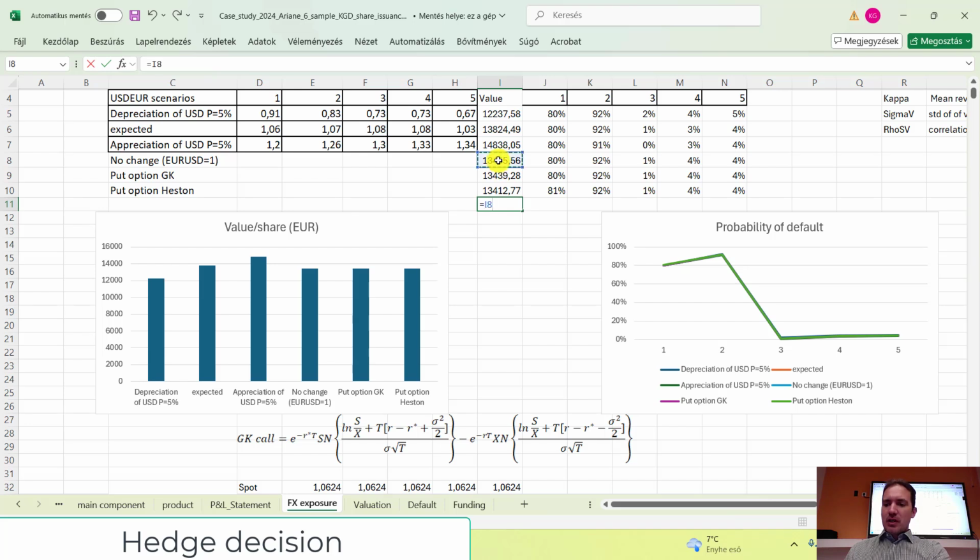So if we have to see the difference between these two, plus this one minus this one, just to see what the average difference is. So 30 euros per share should be the average difference if we are using options.